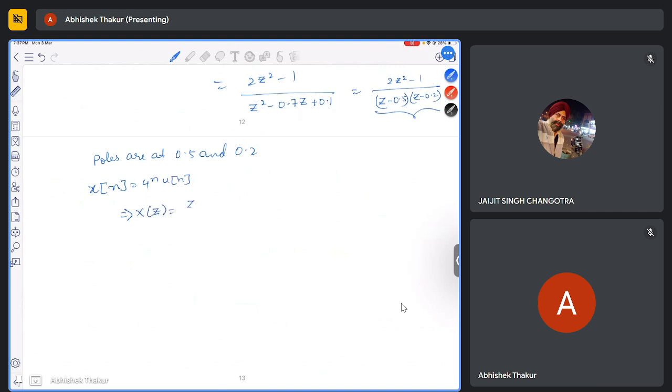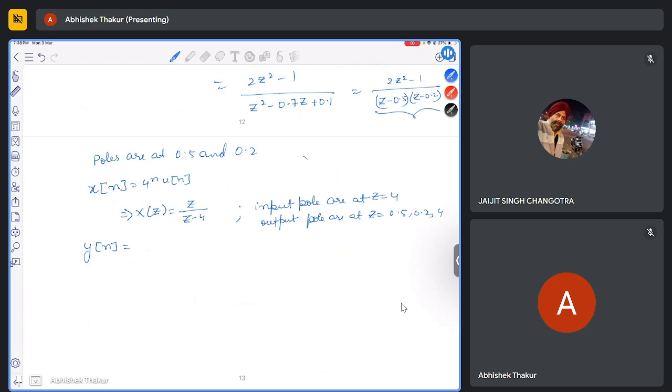So X of z is equal to z by z minus 4. So when you find y of n, from the above equation we can see that the input pole is at z equal to 4 and the output poles are at z equal to 0.5 and 0.2, and also at 4, because it is taking the input also.